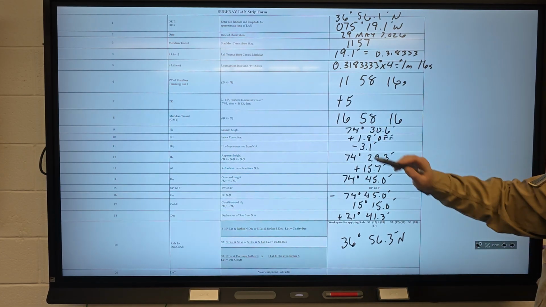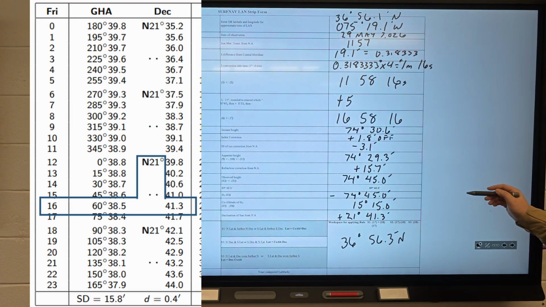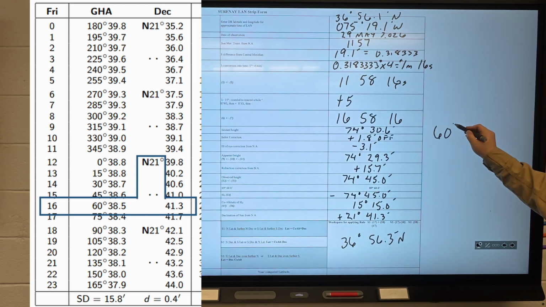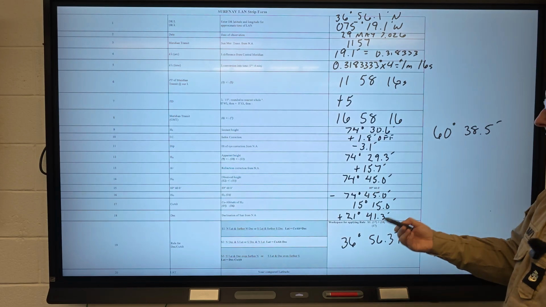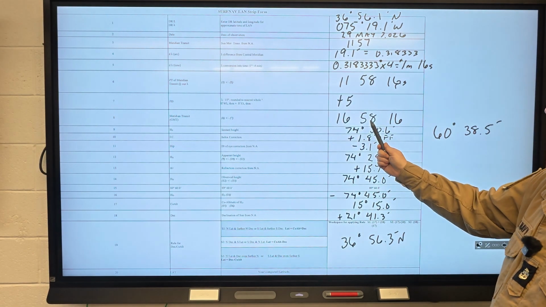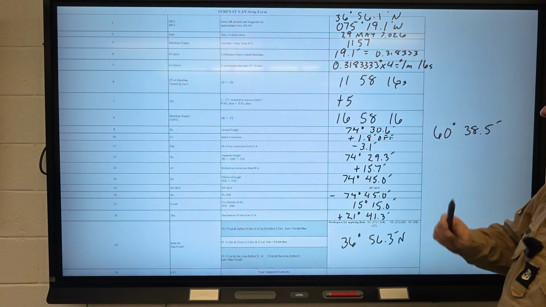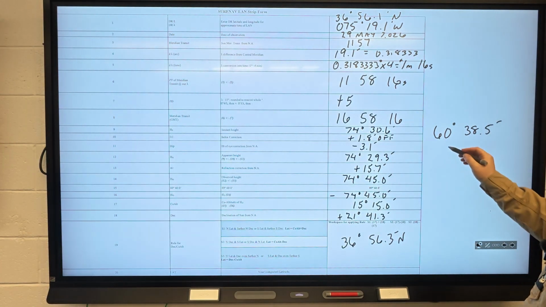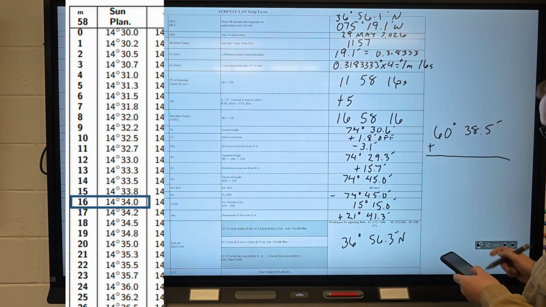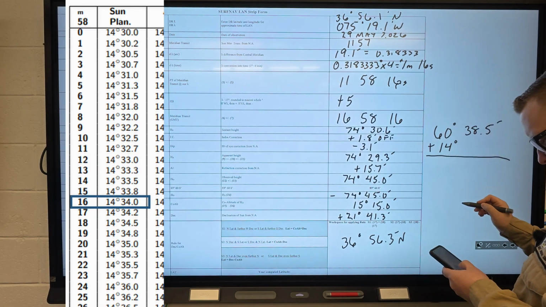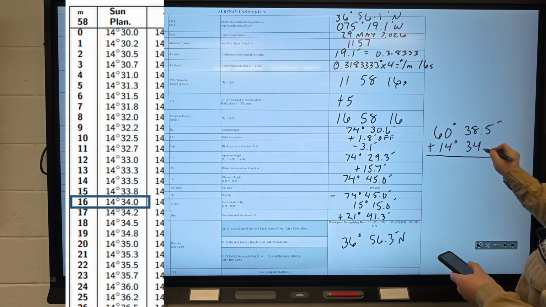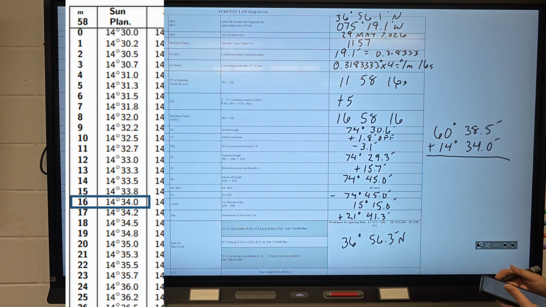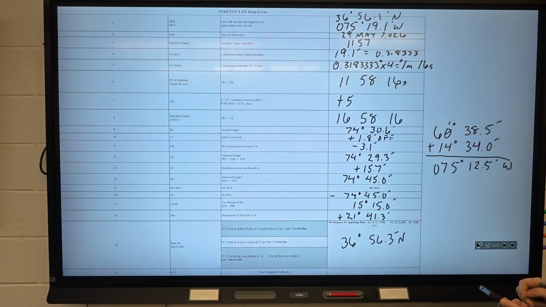So daily page for 16 hours on the 29th, we end up getting 60 degrees, 38.5 minutes. Now we go to the back of the book for the increments and corrections page, find the table for 58 minutes, and scroll down until we hit 16 seconds. And GHA is always plus degrees, 34.0 seconds. Add them together, and we get 075 degrees, 12.5.